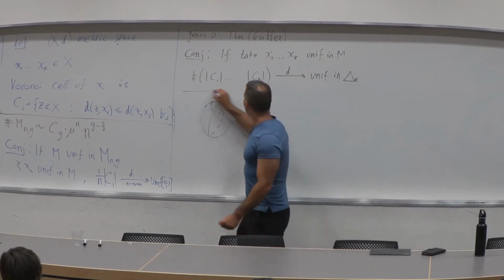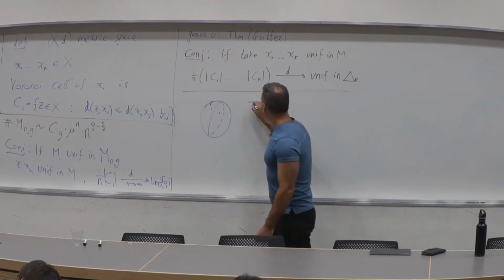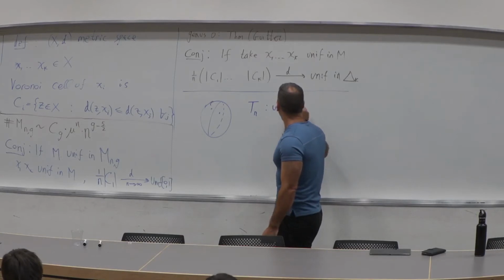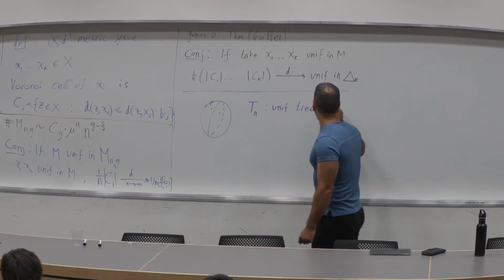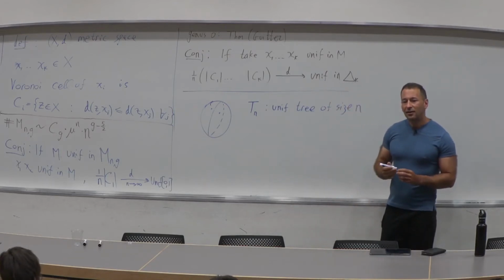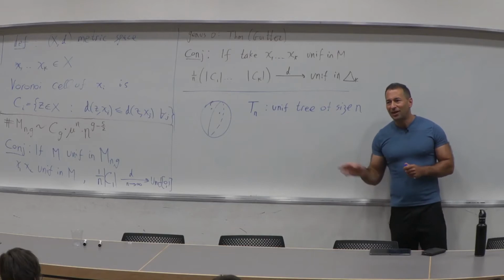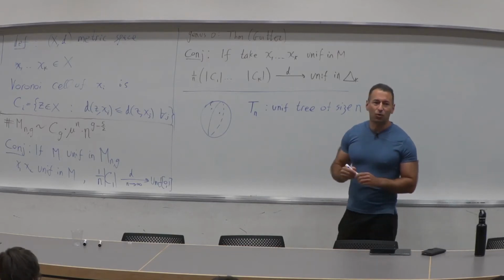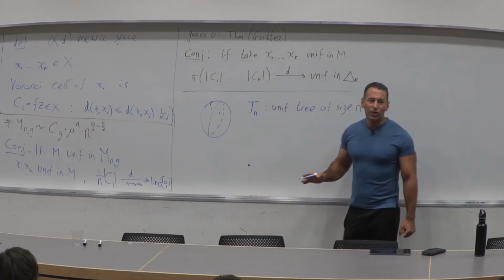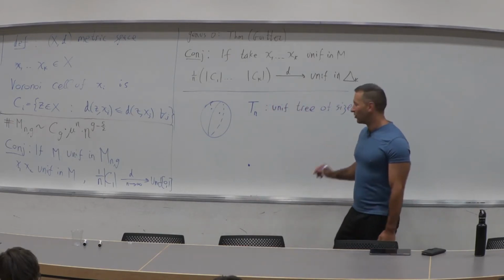From now on, let Tn be a uniform tree of size n. To be concrete, let's suppose that our trees are rooted, and let's work with plane trees, so there's an order on the vertices.